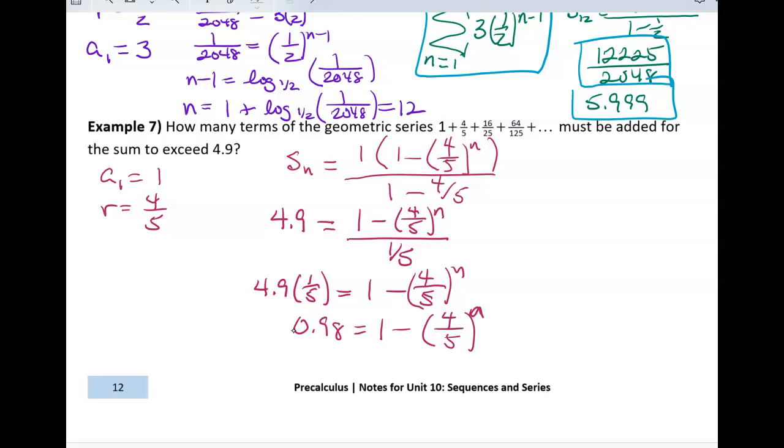Now, you might want to just subtract 1, but then we're going to have to divide by a negative, so I'm going to suggest that we take that 4/5 to the n and move it to the left side of the equation where it'll become a positive term, and then we move the 0.98 to the right side where it'll become negative. So now we have 4/5 raised to the n power is equal to 0.02.